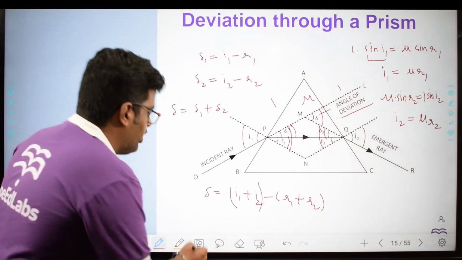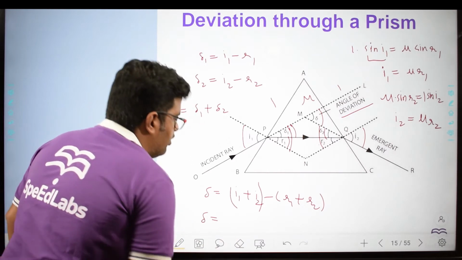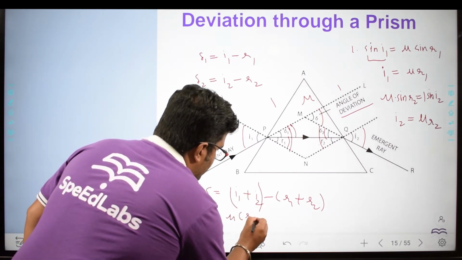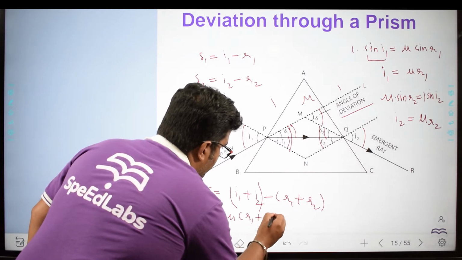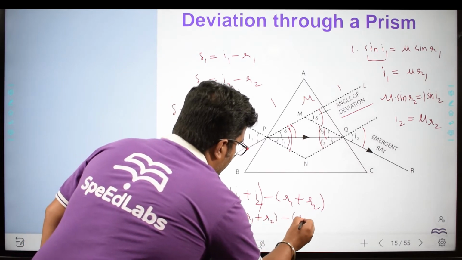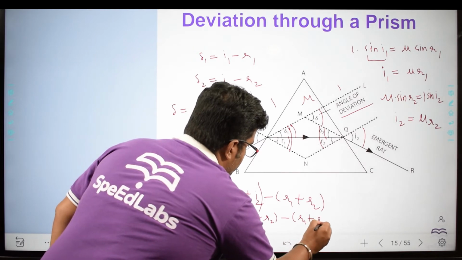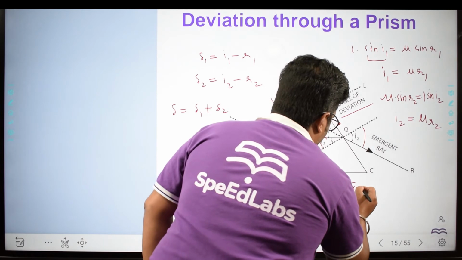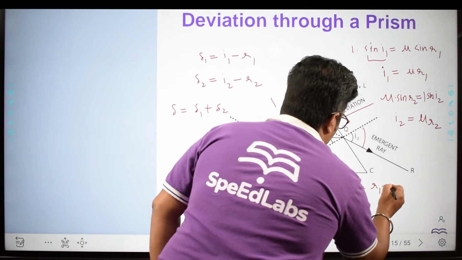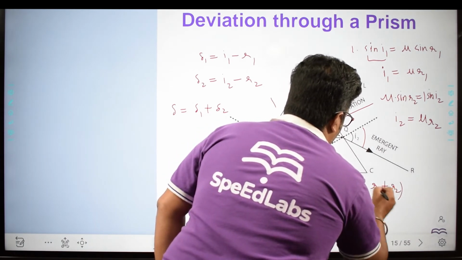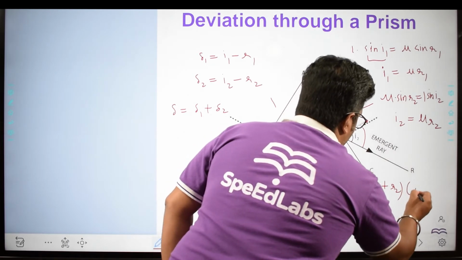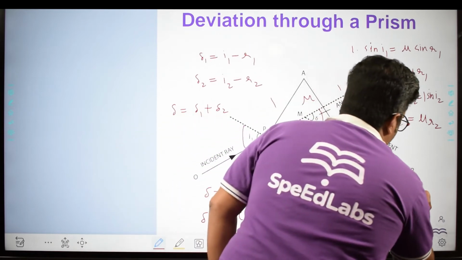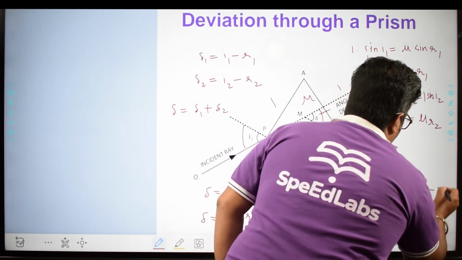Once we put them in, mu can be taken as common. So we'll have mu into R1 plus R2 minus R1 plus R2. So we'll have finally delta as R1 plus R2 common, and we are going to have mu minus 1.